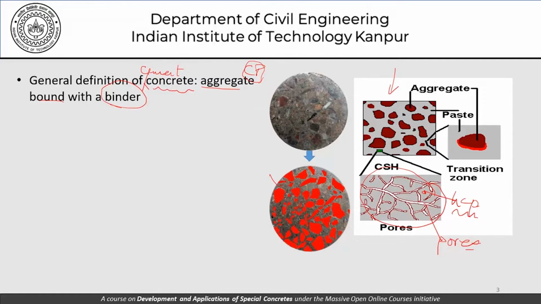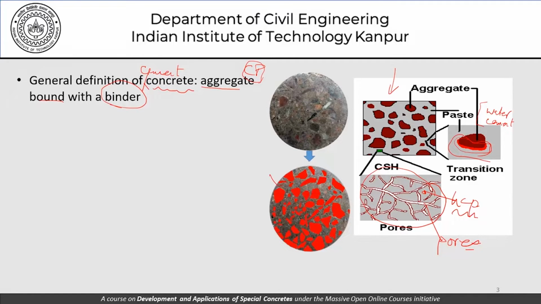And we have this interfacial transition zone formed in the neighborhood of aggregates because of the separation of water and cement. This separation of water, bleeding in other words, causes this part of the paste to have a slightly higher water cement ratio, and that has implications in terms of strength and so on.